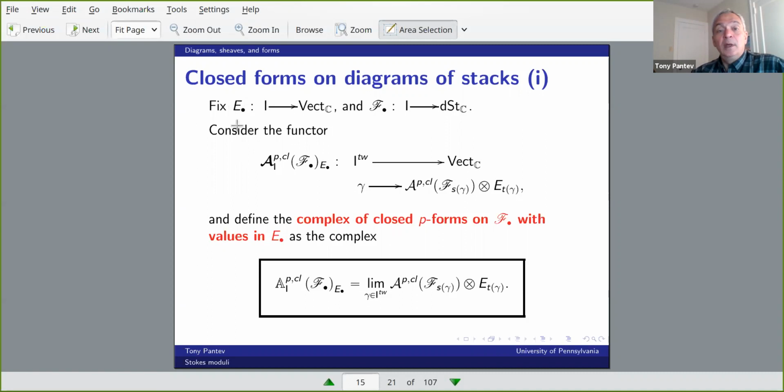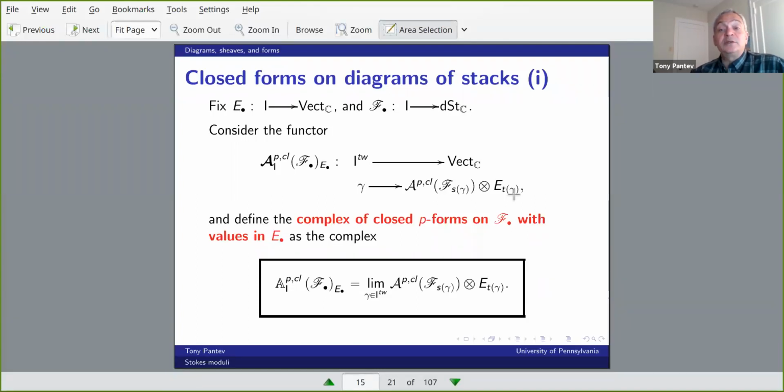So I'm going to have a diagram of complexes of vector spaces labeled by I again, I'm calling it E. And then you get a functor labeled by the twisted arrows in I of complexes of vector spaces, where you send an arrow to the forms on the stack corresponding to the source, tensored with the complex of vector spaces corresponding to the target.